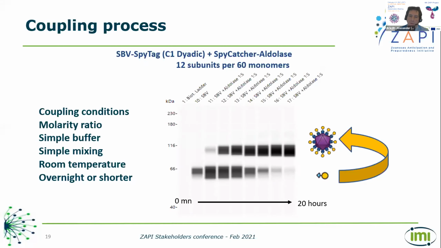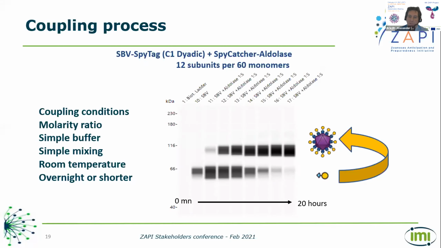This is only an example of different ideas, different experiments that were done. In this case, it was the Schmallenberg SpyTag produced by the C1 Dyadic system, together with our in-house SpyCatcher aldolase that was coupled.